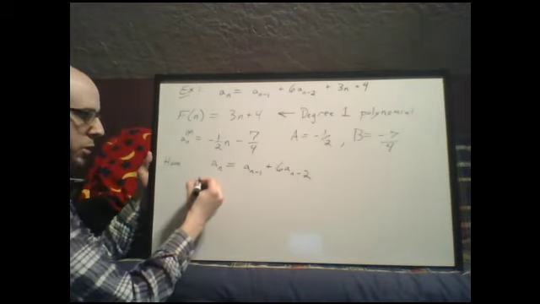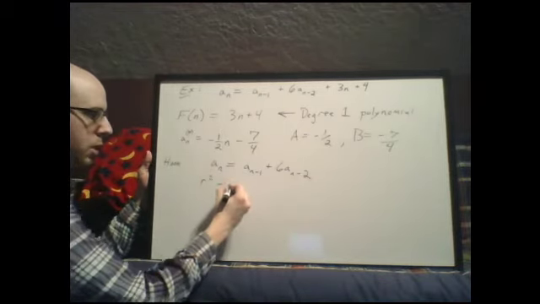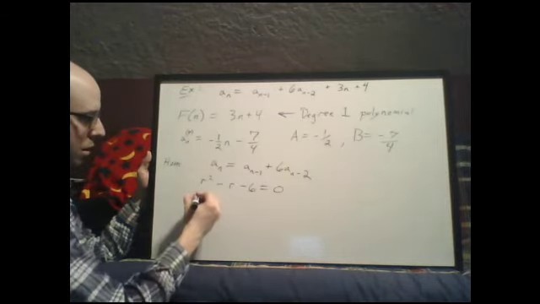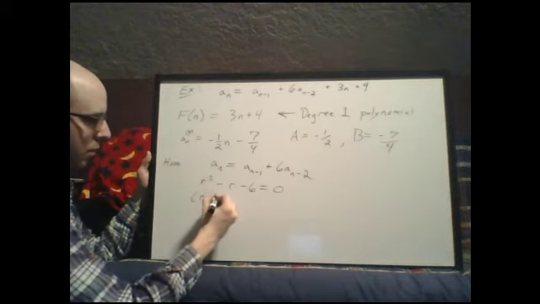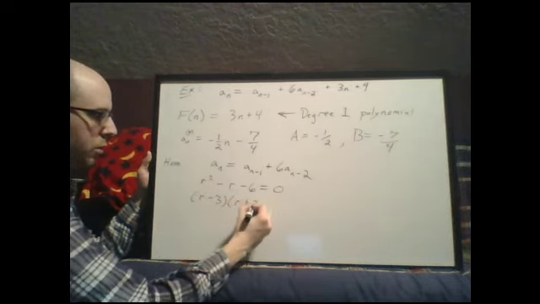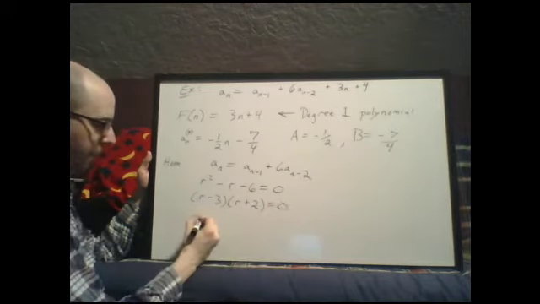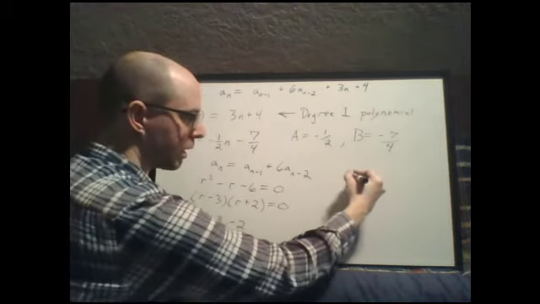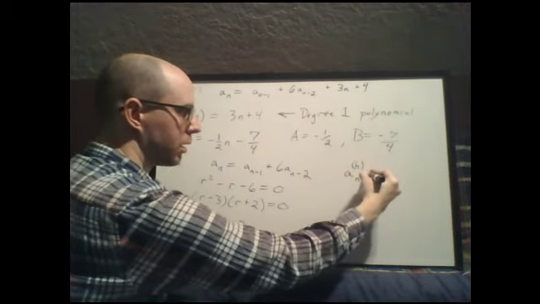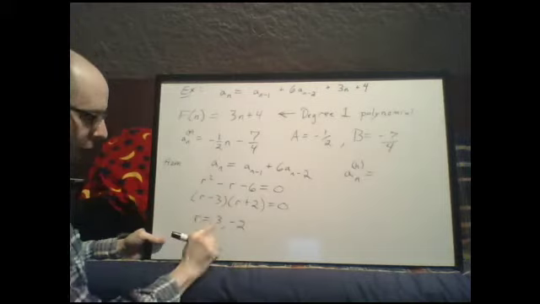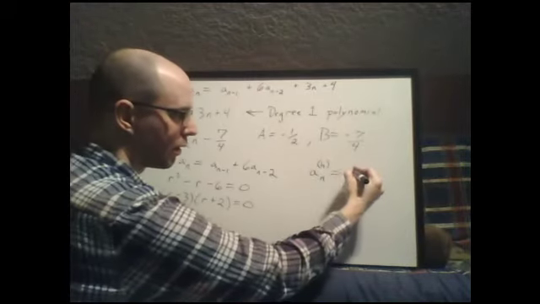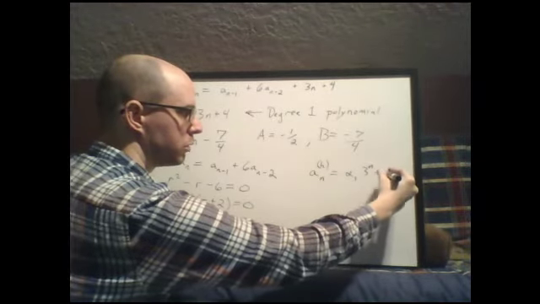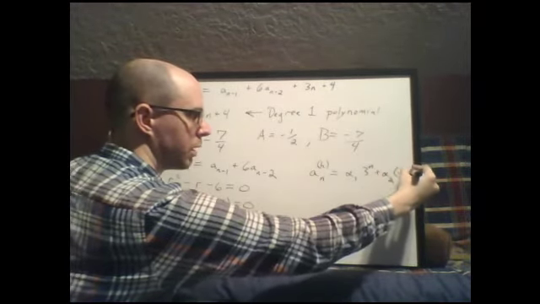So our characteristic equation would be r squared minus r minus 6 equals 0, which has roots 3 and negative 2. So a_n^(H) would be alpha 1 times 3 to the n plus alpha 2 times negative 2 to the n.